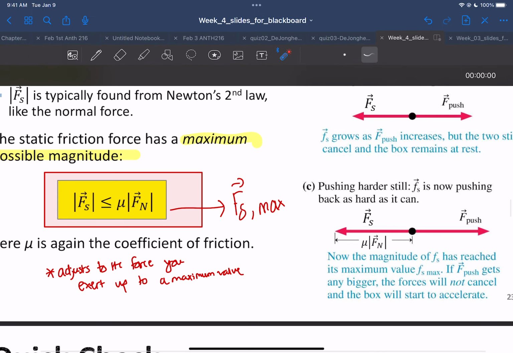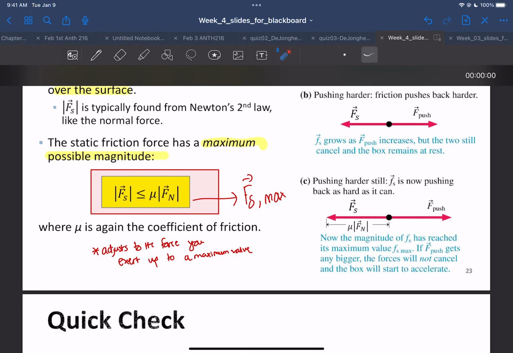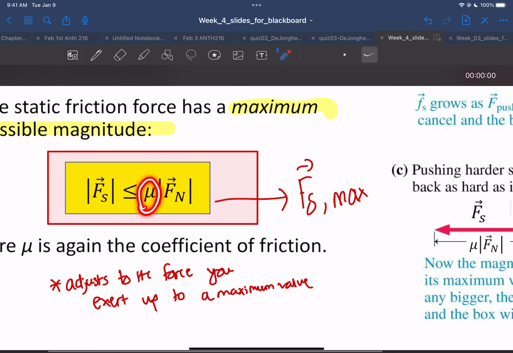So the point where the maximum static friction occurs is when you have mu times Fn, which is the coefficient of static friction times your normal force, right? And that's very similar to your kinetic friction. The only thing is that this less than or equal to sign accounts for the fact that it's a variable force. So static friction force can be anything less than that maximum, right?